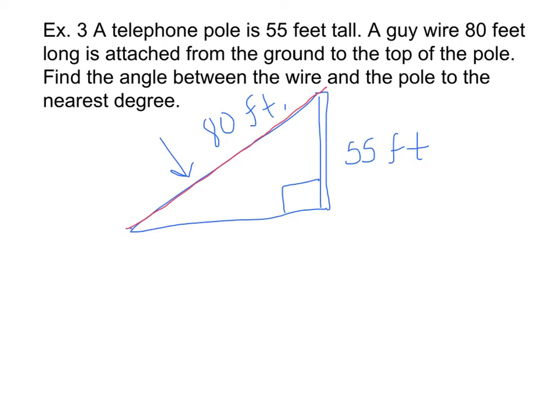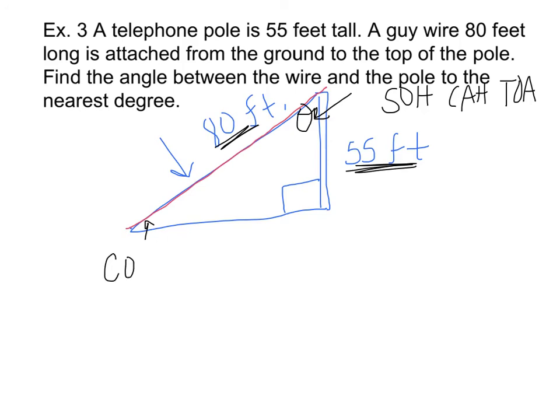Find the angle between the wire and the pole. Well, if you don't know which angle, this angle is the wire and the ground. This angle is the wire and the pole. So according to this angle, let me write SOHCAHTOA. We have the adjacent side and the hypotenuse now. So the only trig function that has that ratio is cosine.